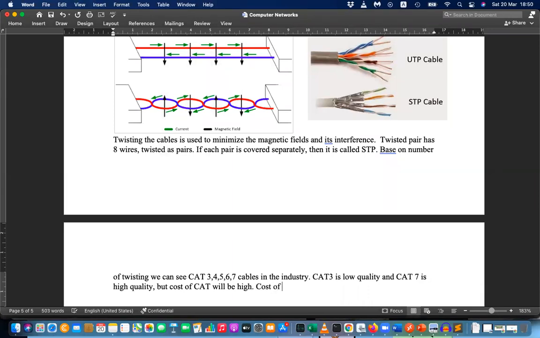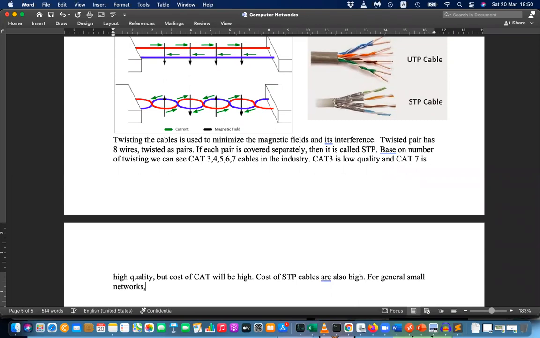The cost of STP cables is also high. For general small networks, most people use cat 5e or cat 6 cables in the UTP category.